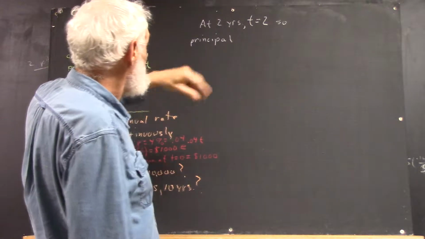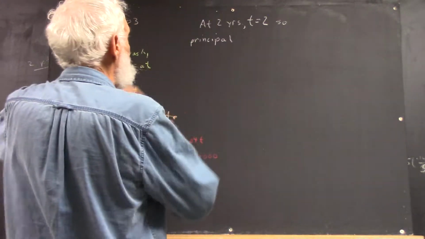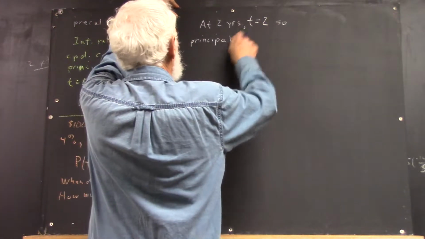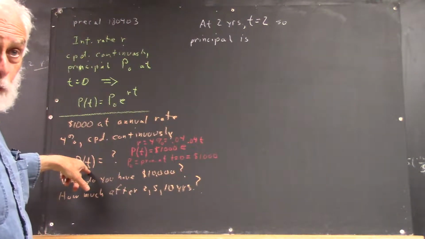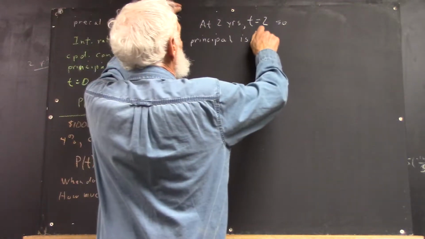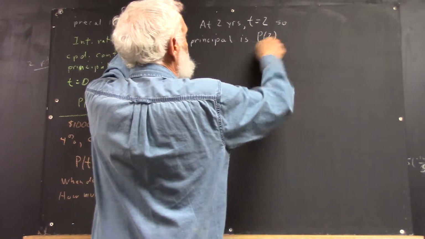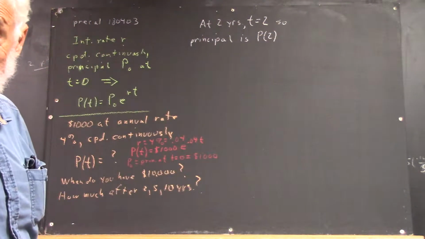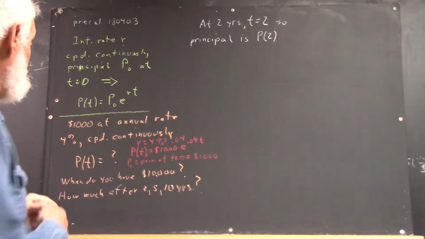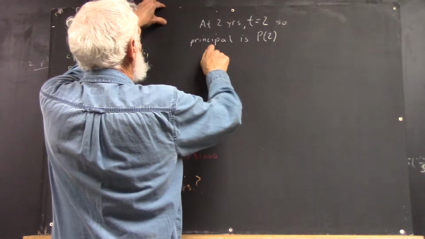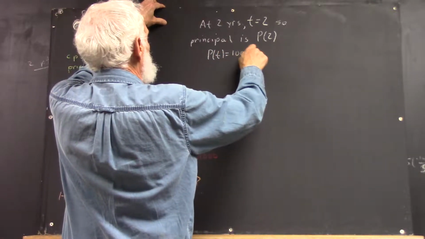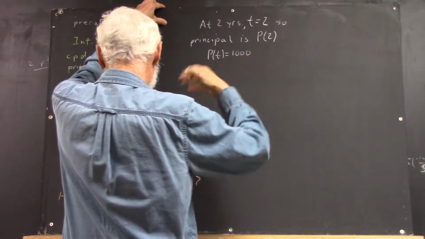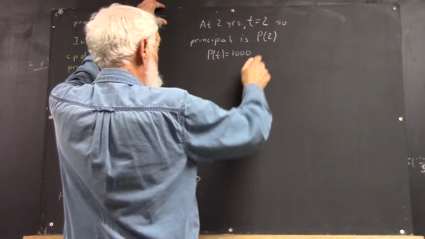Okay? So principal is, well, P of t is the principal function, right? T is 2. So the principal is P of 2. Okay? Now, I'm leaving off the dollar sign because I don't want to keep writing it, but you know, often you'd want to keep writing the dollar sign.